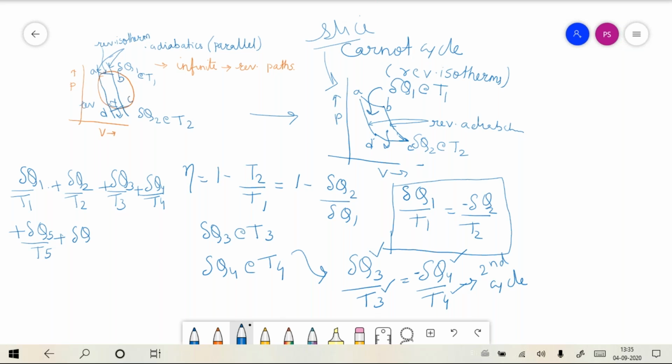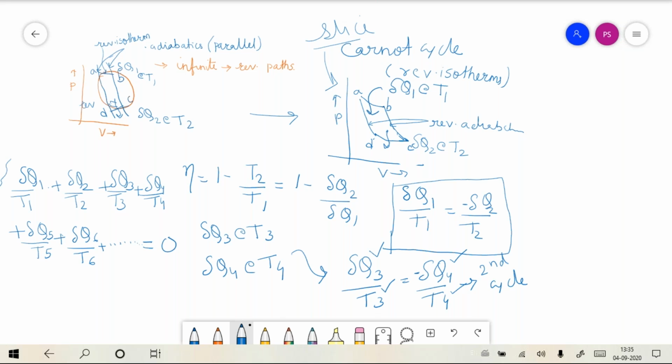You need to continue writing this for an infinite number of slices, and this would become 0, because del Q1 by T1 plus del Q2 by T2 is equal to 0, del Q3 by T3 plus del Q4 by T4 is equal to 0, like this.